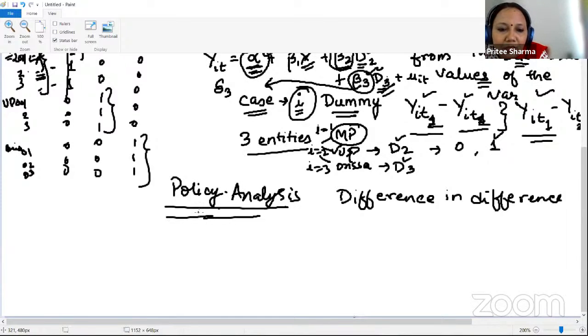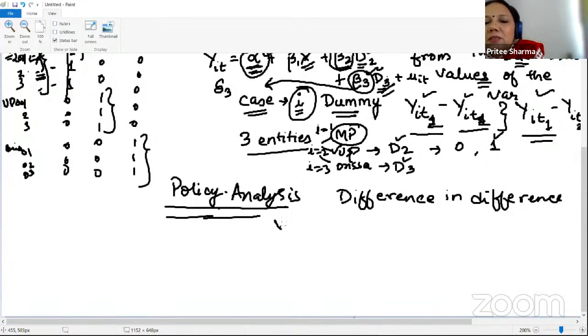You remember I had said that we are going to simply compare the change in the outcome across the treatment group and the control group.